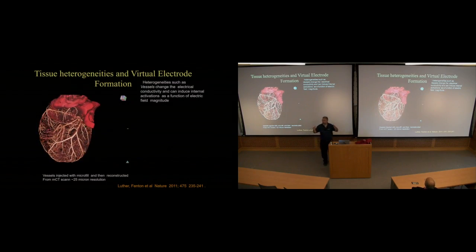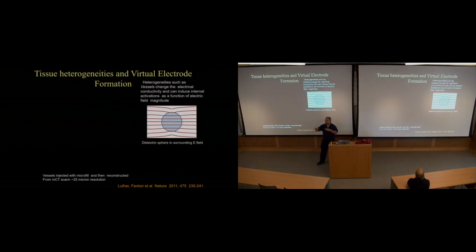But it turns out when you put an electric field, if you have a homogeneous system, you're only going to excite the boundaries. So if the heart was completely homogeneous and you put an electric field, you would only excite the boundaries and that's it. Everything inside the heart would not get affected, so you would not be able to defibrillate. But we have all these heterogeneities: every time we have a hole, or pieces of tissue that are just gap junctions or extracellular matrix, but in particular the vessel distributions. The vessels have blood that has different conductivity.